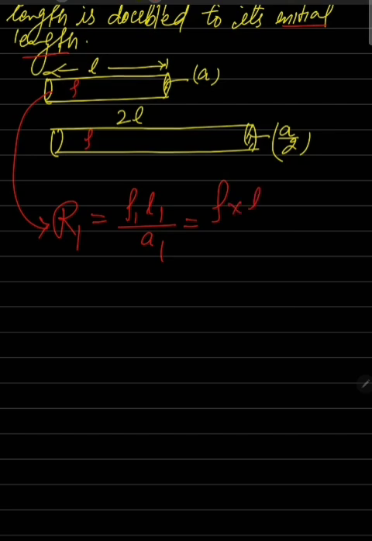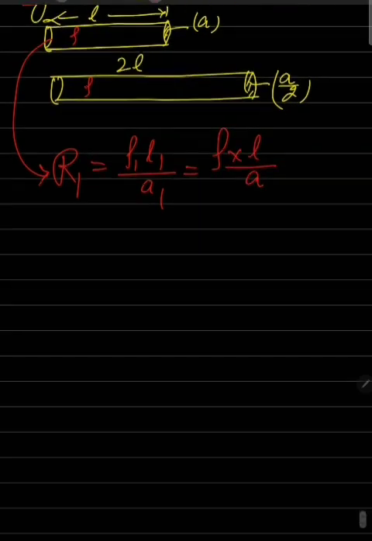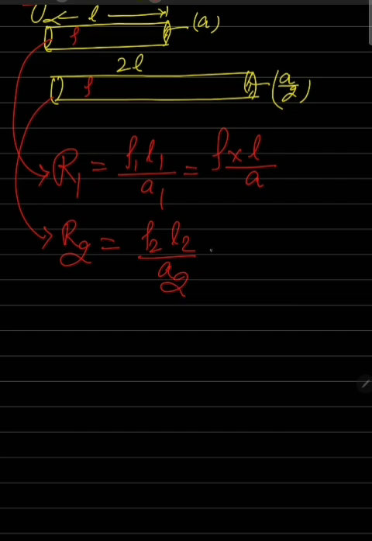So rho into L divided by A. Now write the expression for R2. So R2 is equal to rho 2 L2 by A2. Rho 2, again we will take rho, then L is 2L. Now length became double, and the cross sectional area became A/2.